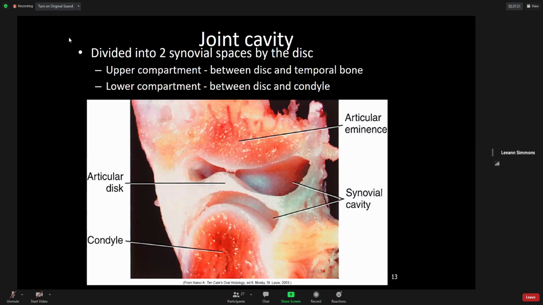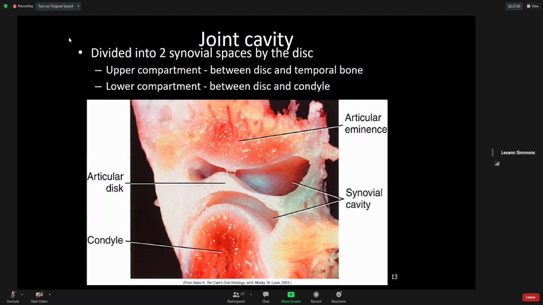So here's a cool dissection slide. The articular eminence is here. Here is the disc in white in the middle of everything. That cool little S-shaped structure. And then the condyle is down here below.